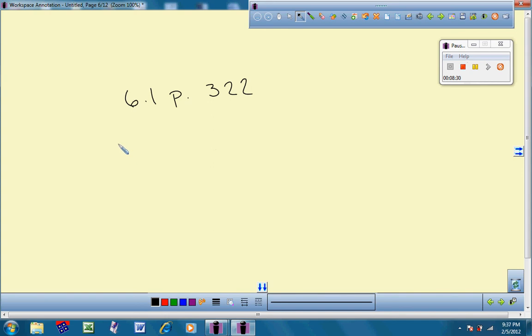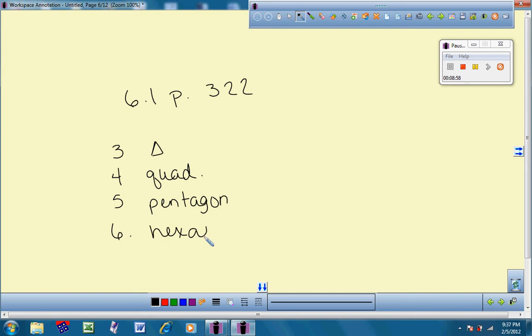A polygon with 3 sides was a triangle. A polygon with 4 sides is a quadrilateral. A polygon with 5 sides was called a pentagon. A polygon with 6 sides was a hexagon.